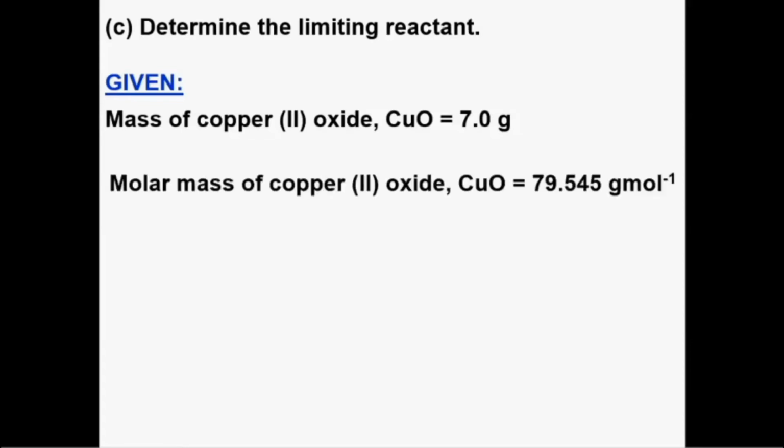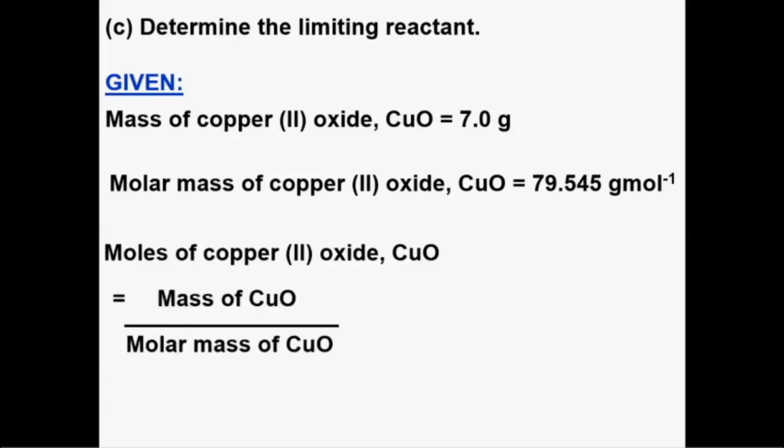We use the mass given and the molar mass of copper 2 oxide, which is 79.545 grams per mole. So moles of copper 2 oxide equals mass of copper 2 oxide divided by molar mass of copper 2 oxide.